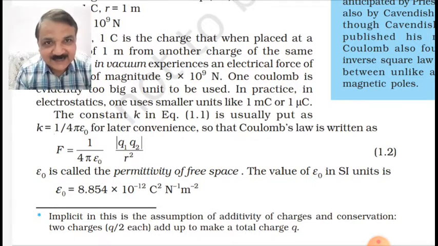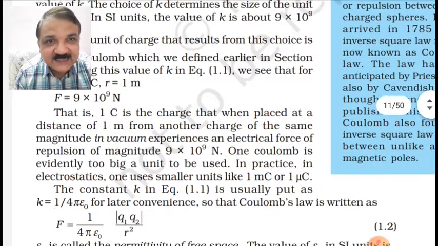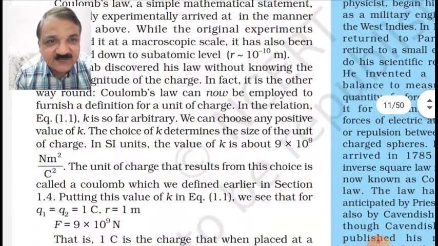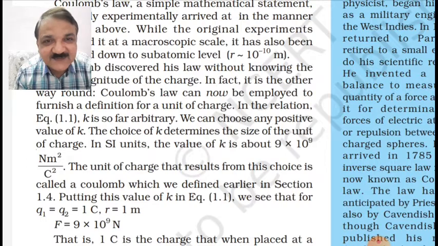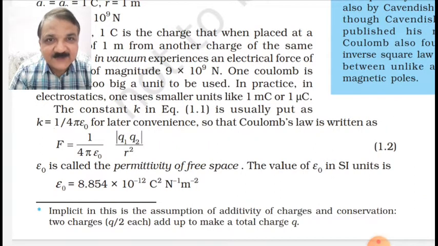You see the value of K is about 9 into 10 to the power 9 Newton meter square per coulomb square. So that K has been given as 1 by 4 pi epsilon naught, where epsilon naught is called permittivity of free space or vacuum, and the value of epsilon naught in SI unit is 8.854 into 10 to the power minus 12 coulomb square per Newton per meter square.